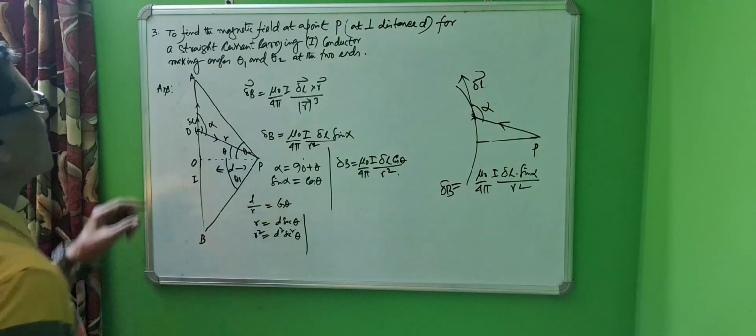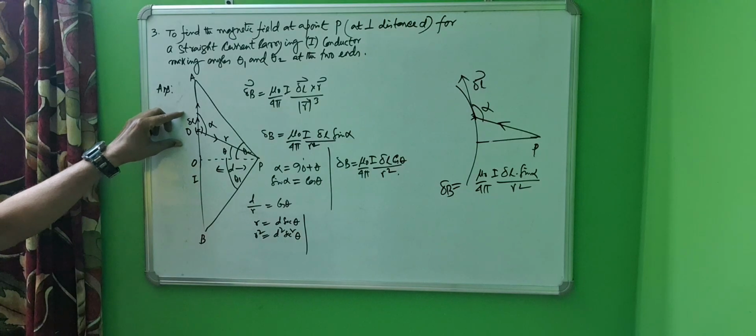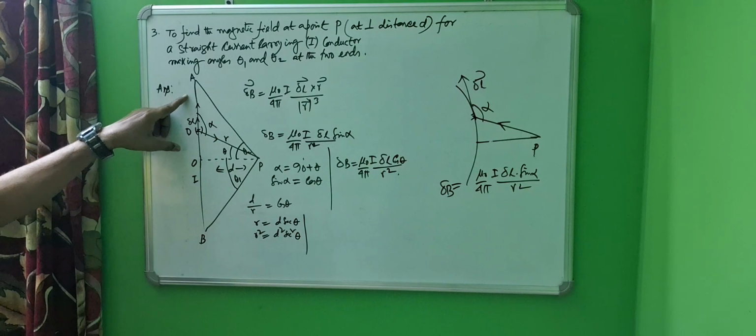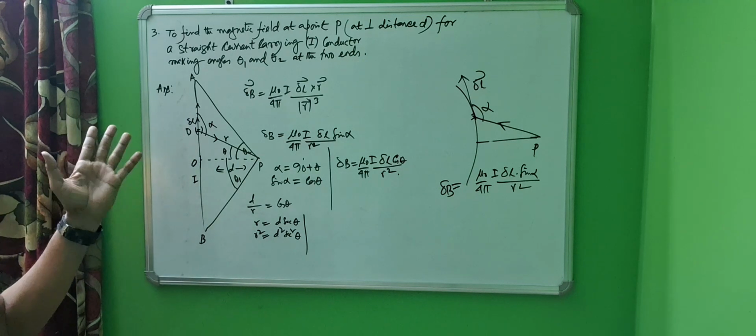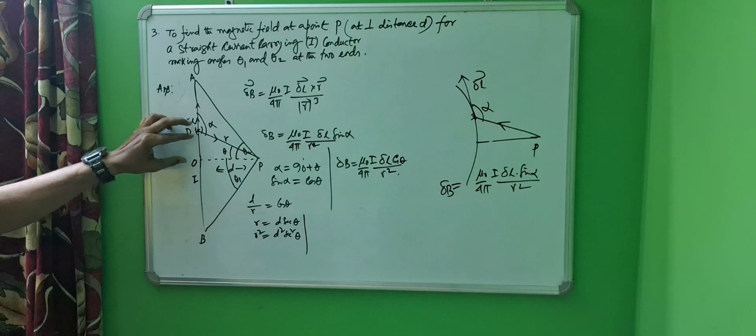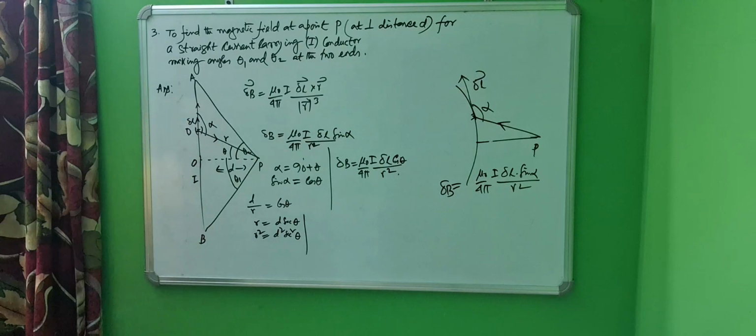Again, this one is a delta L length segment and this one is a delta L vector. So this one, OD, length is L. So there is an element intersection of delta L length.